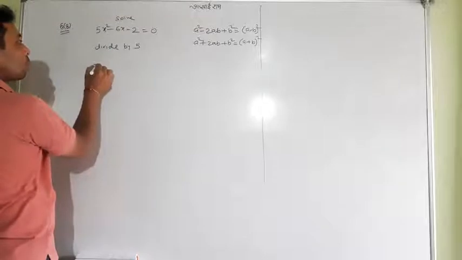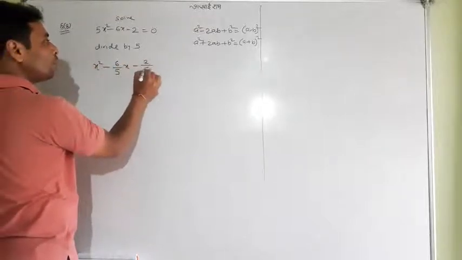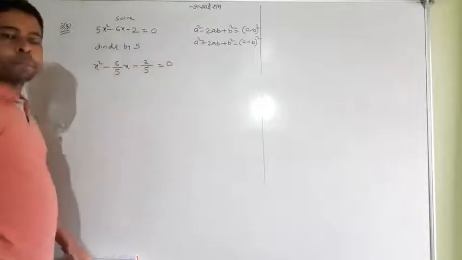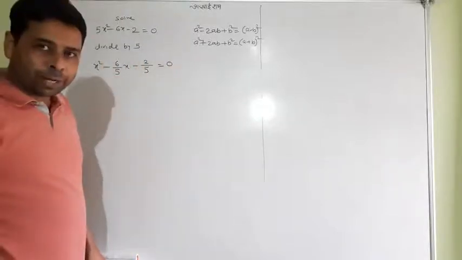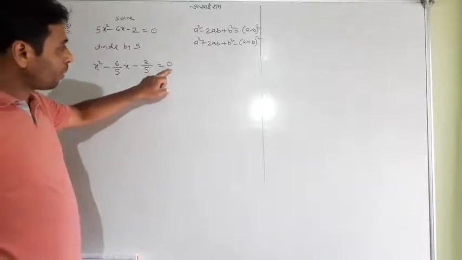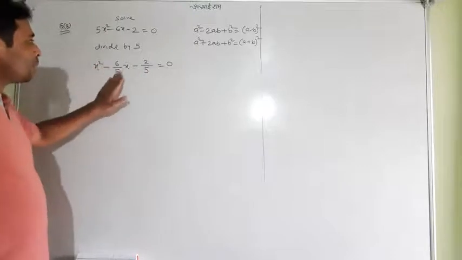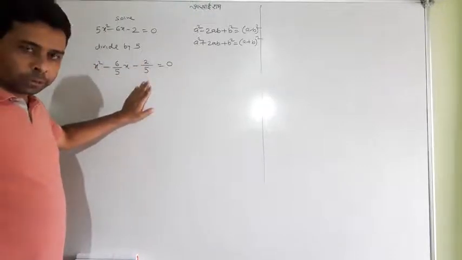It becomes x square minus 6 by 5 x minus 2 by 5, equal to 0. Very simple. I divided by 5, and the right side is also divided by 5, but it is the same, 0.